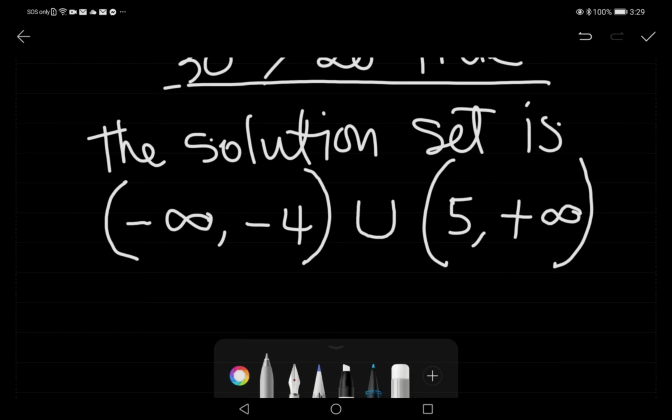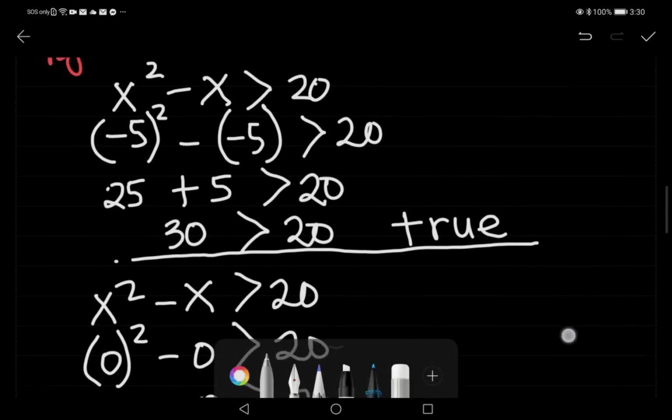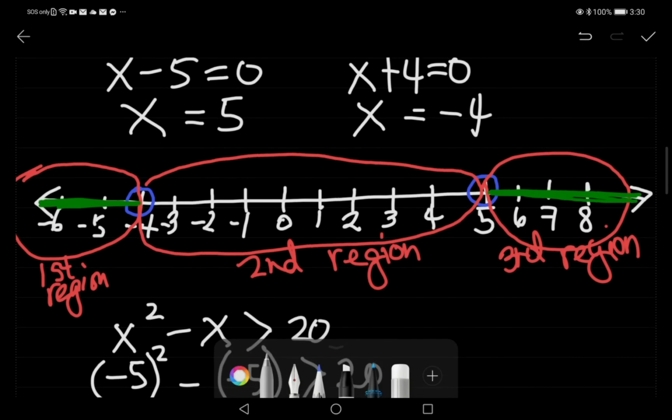Gamit ang infinity, kaning negative infinity and positive infinity, kay padong diri sa left side, negative naman siya diri. Negative infinity, padong sa left side niya. Padong sa right side, mao na siya diya ang positive infinity.